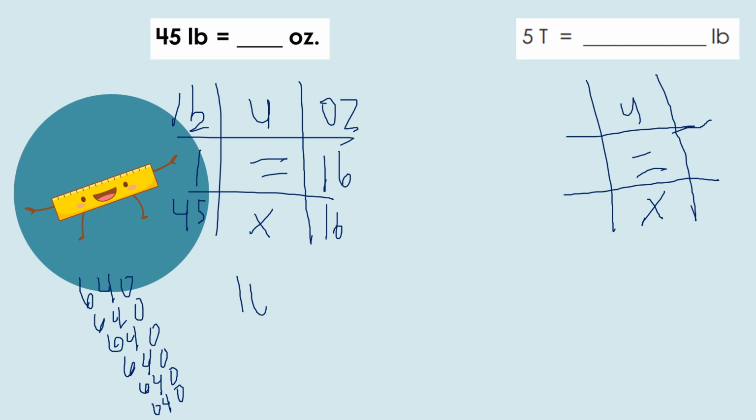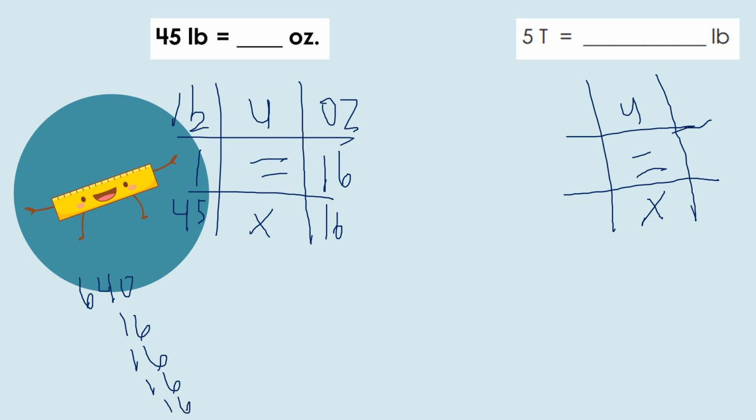That 640 came from the last question. 16 times 40 was 640. Sorry, I need 5 more 16s. My apologies. If you're doing repeated addition, 5 more 16s.